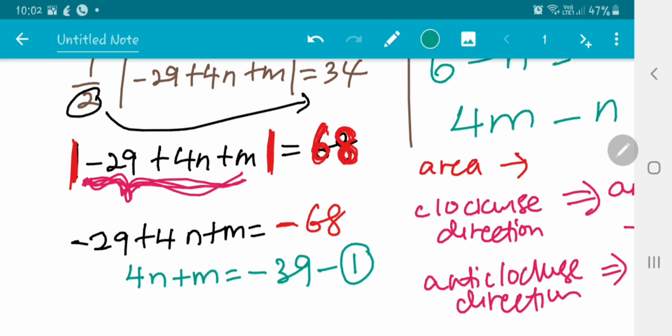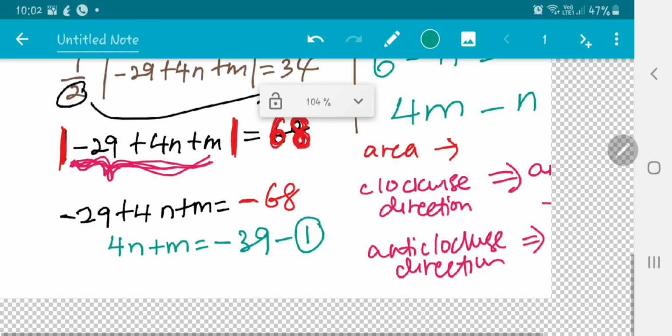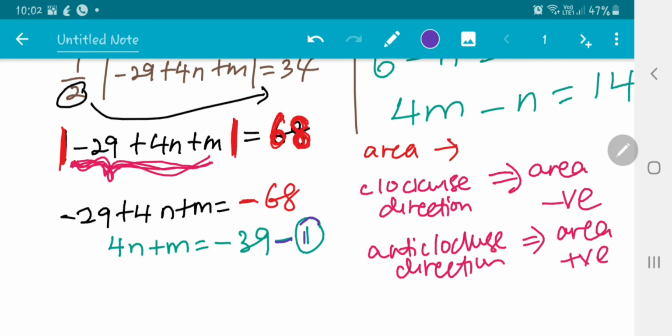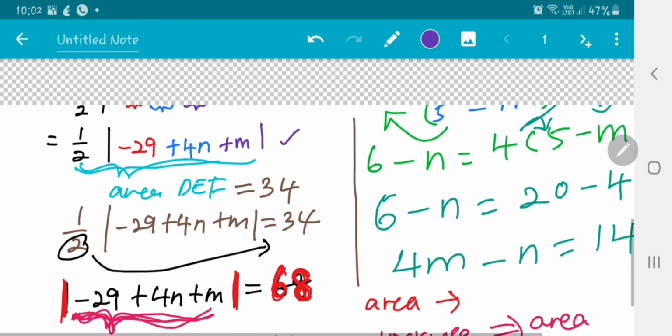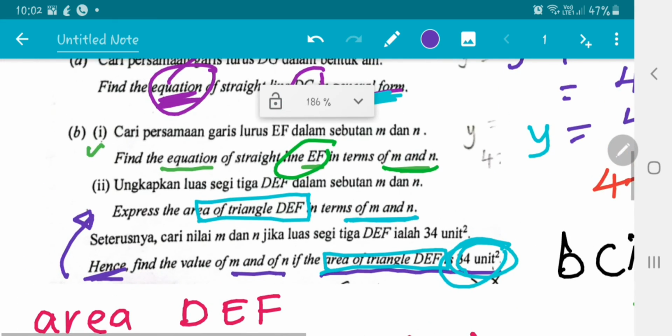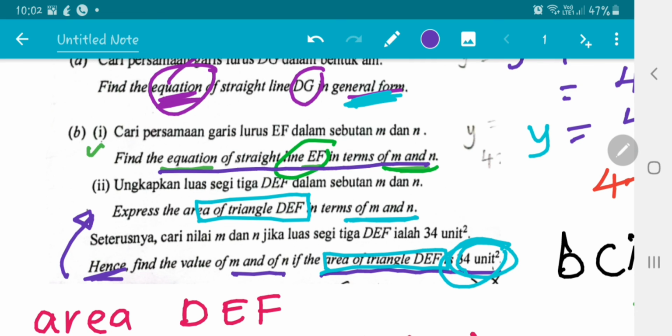Alright. So you nak cari MN, maknanya you need two equations. This is the first one. Okay, how to get the next equation? The second equation, you perasan tak tadi, at the first part of B1, you have already found the equation of EF in terms of MN.